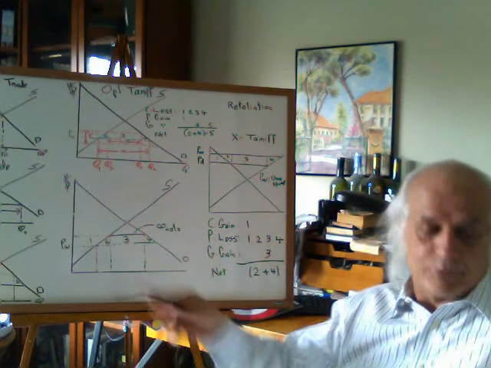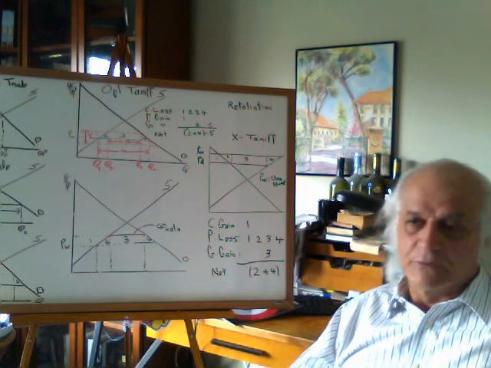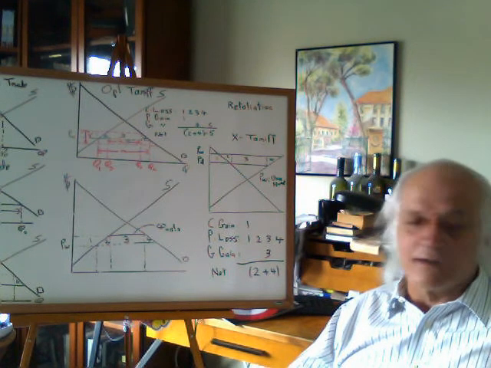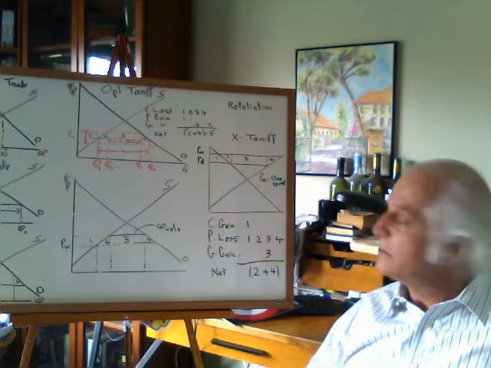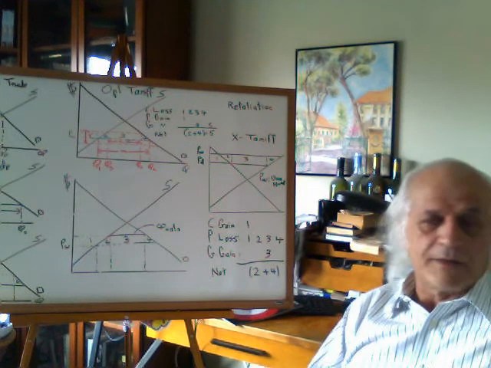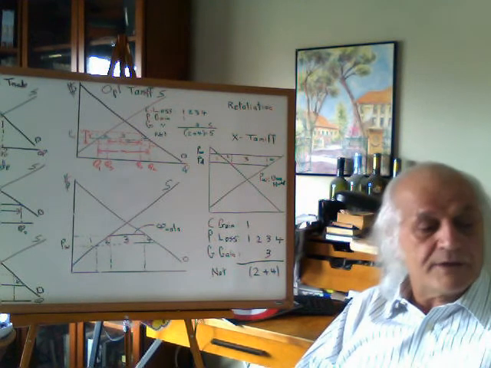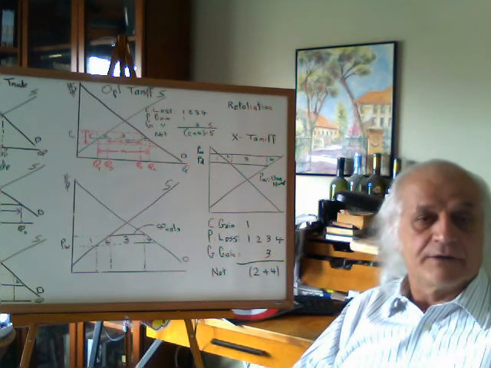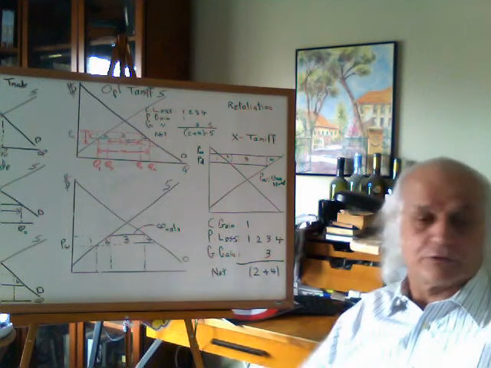An excellent example of this, by the way, in the United States, which is very unfortunate, is sugar. The United States, still up until now, imposes a great big quota on sugar, and that's why the price of sugar in the US is much higher than the price of world sugar.